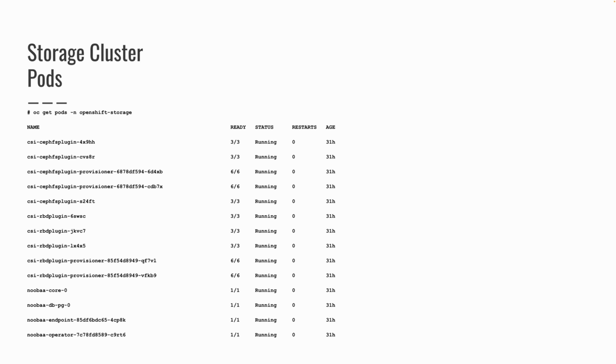And similarly, the block storage CSI driver RBD plugin is also out there in the running state, one on each worker node. And then there are a couple of file system provisioner and block storage provisioner pods.